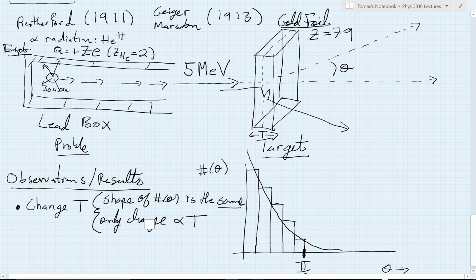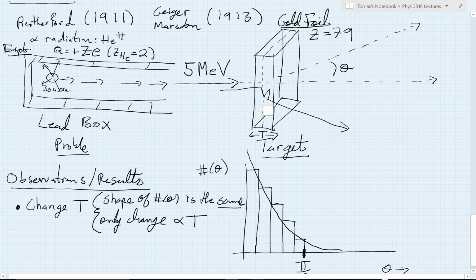And the reason for this goes as follows. Notice, if I imagine splitting my foil in half, for example, or you can imagine doubling it, it's the same type of idea. What we know is that if we just had the first half of this foil, I would get a certain set of counts, and that would correspond to all of the scattering from that first part of the foil. When I add the second part of the foil, it produces a pattern of scattering.